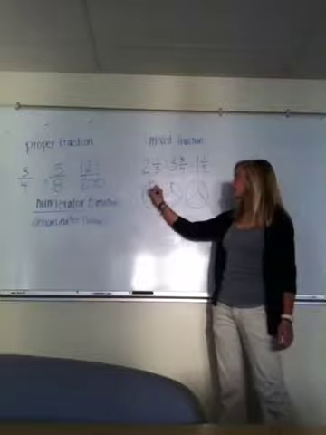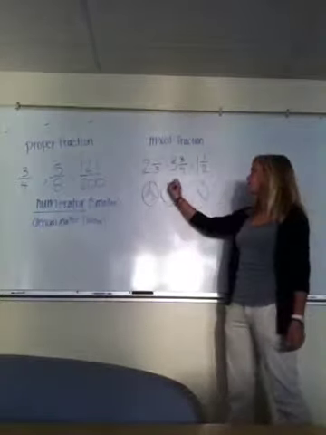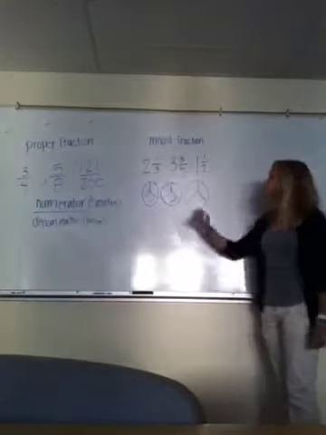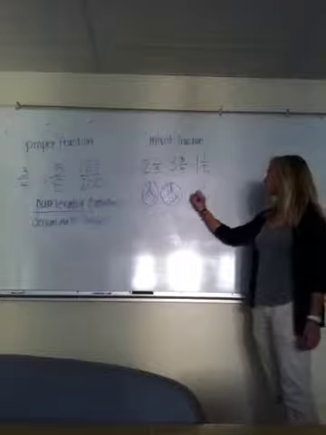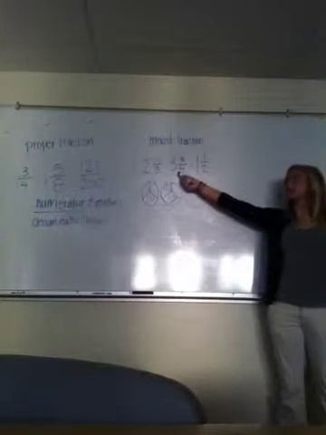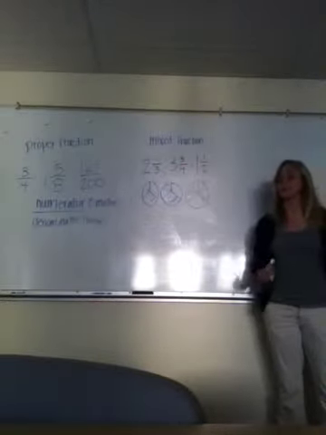We had this entire pizza here is 1, then this pizza here is 2, and then 1/3 of this pizza here is our 1/3. Same goes with our 3 and 3/4 and 1 and 1/2.